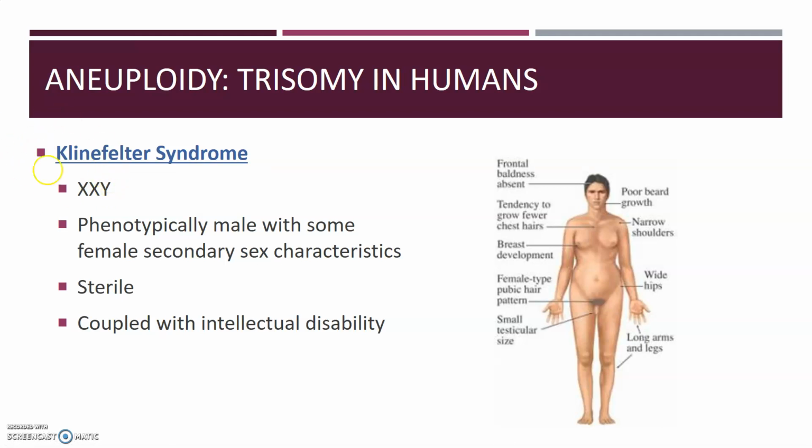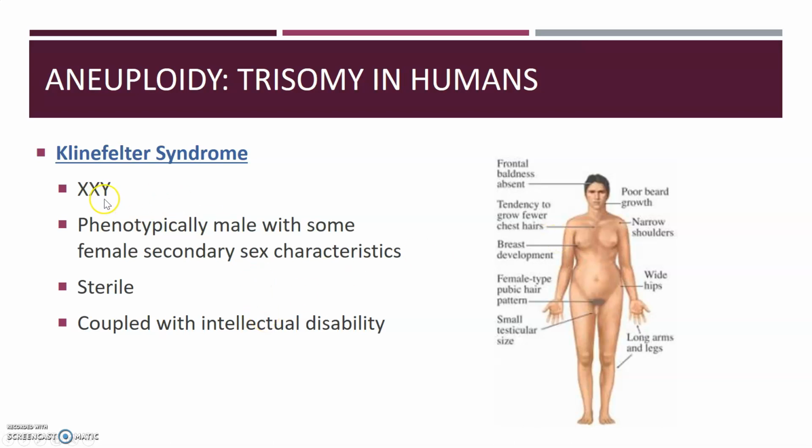So 2 X's being biologically female, X and a Y being biologically male. And so individuals with Klinefelter are phenotypically male because they have the Y chromosome. And then they develop some female secondary sex characteristics, such as the development of breasts, right?